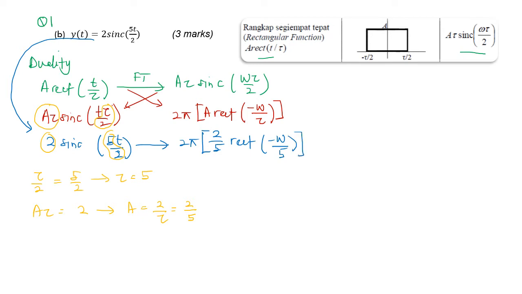So this is your Y(omega). Therefore, your Y(omega) equal to 4 pi over 5 rectangular negative omega over 5.